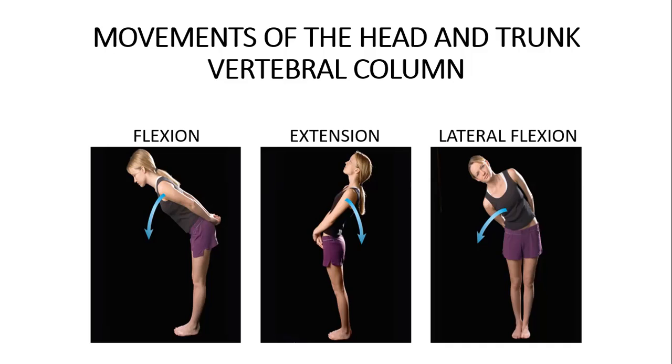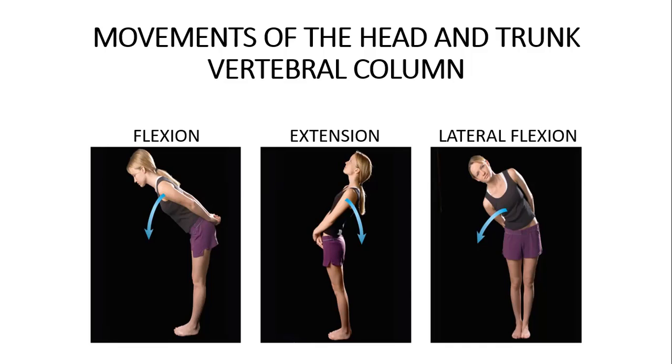Lateral flexion is when we bring the ear towards the shoulder. The ear towards the shoulder is lateral flexion, and rotation is the turning of your head, whether you turn to the left or turn to the right. That is known as rotation.